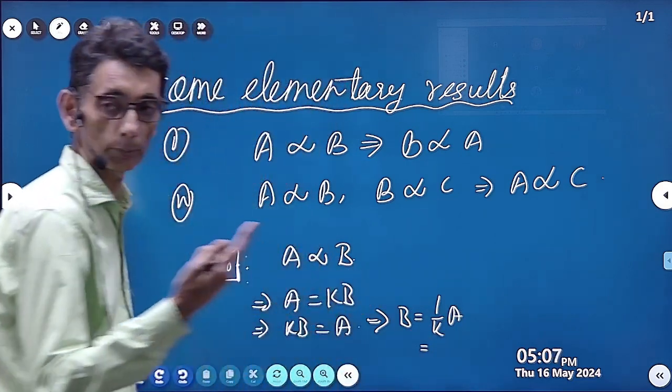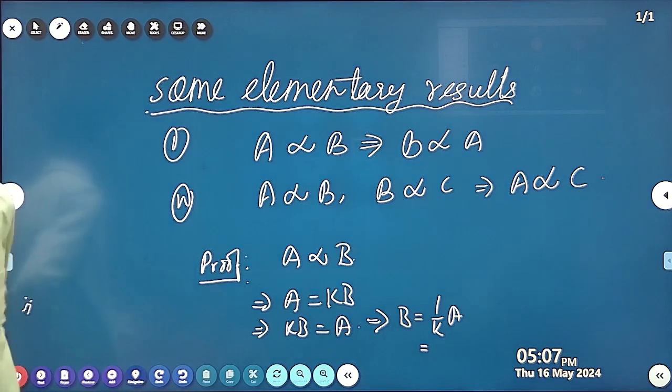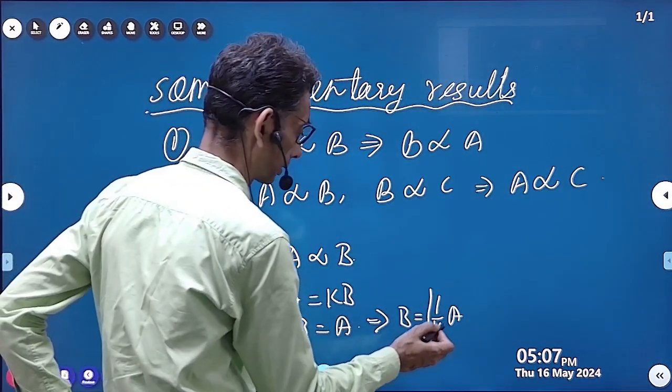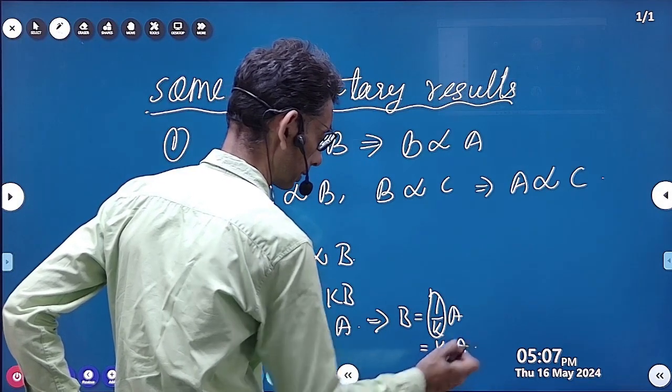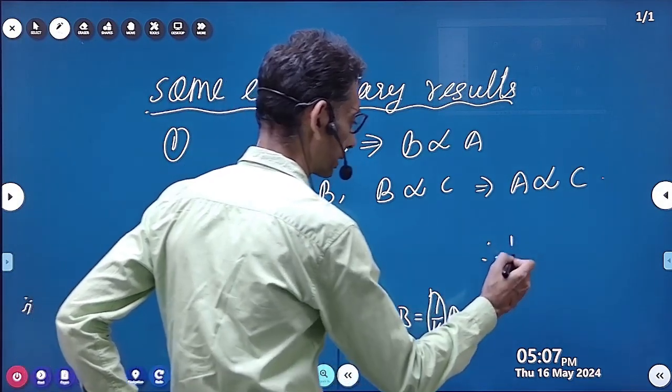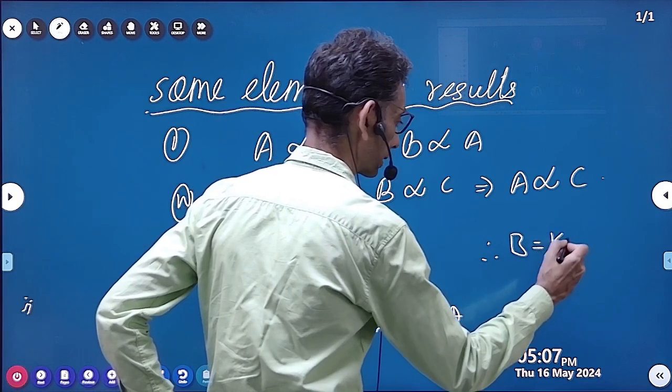If you divide 1 by a constant, it will be a constant. Giving it a new name K1, can I write therefore B is equal to constant times A?